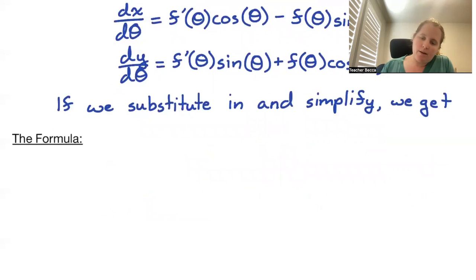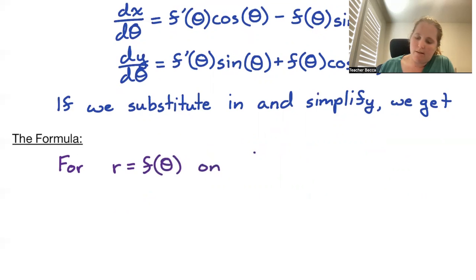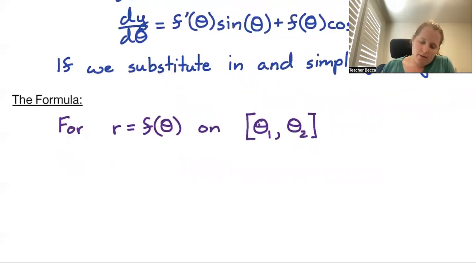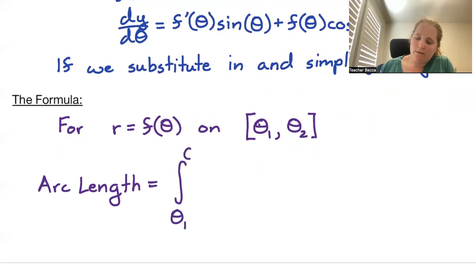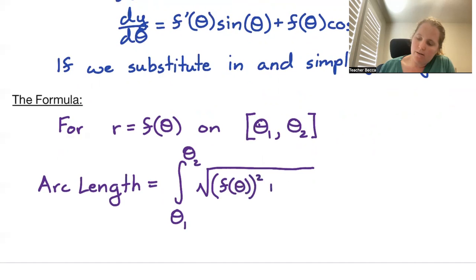And the formula we wind up getting is for r equaling f of theta on the interval from theta 1 to theta 2, the arc length is equal to the definite integral from theta 1 to theta 2 of the square root of f of theta squared plus f prime of theta squared d theta.